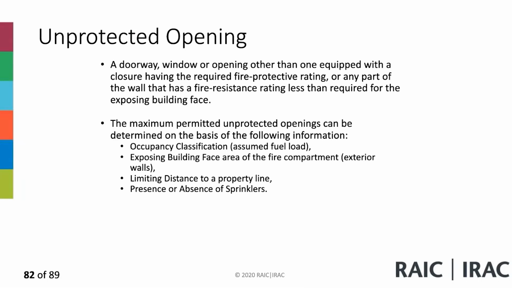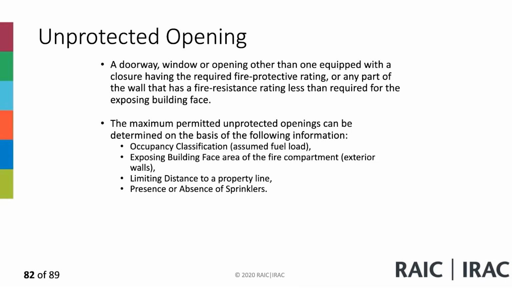You can take a look at whether, if you change the limiting distance, you can subdivide the interior of the building into fire compartments. You can look at those different factors in order to allow you more flexibility and more openings, more unprotected openings in the exterior wall.